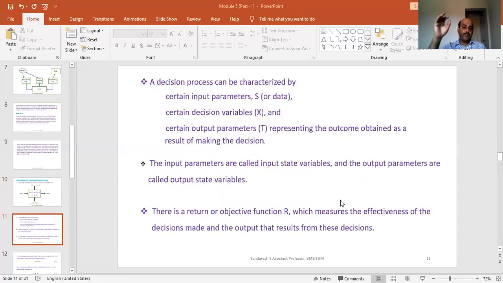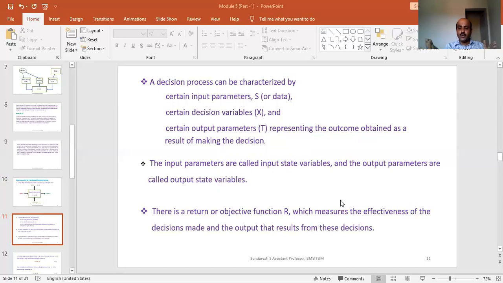There is a return objective function R, which measures the effectiveness of the decision made and the output that results from these decisions. When you give an input to the system and make a decision, the combination of the decision and the input will always result in an output.